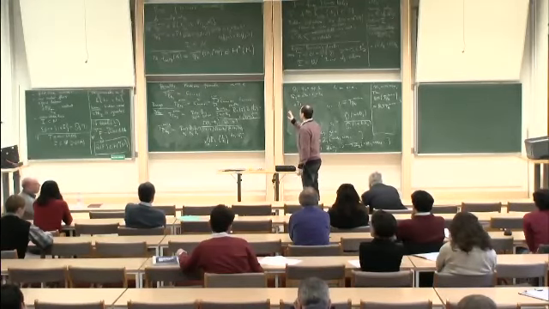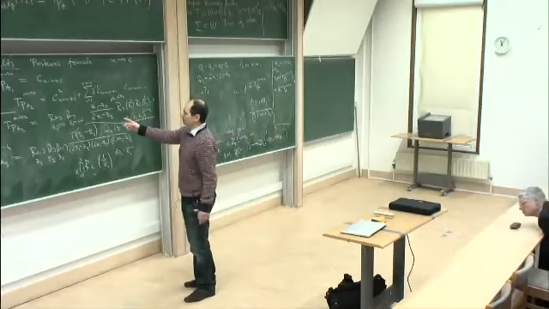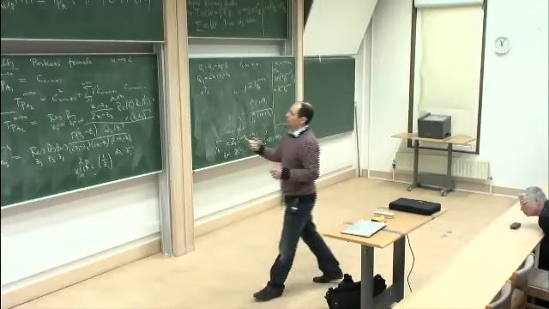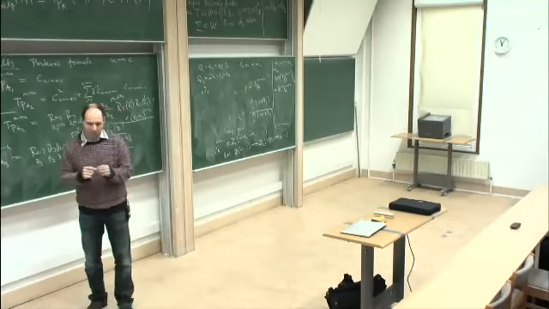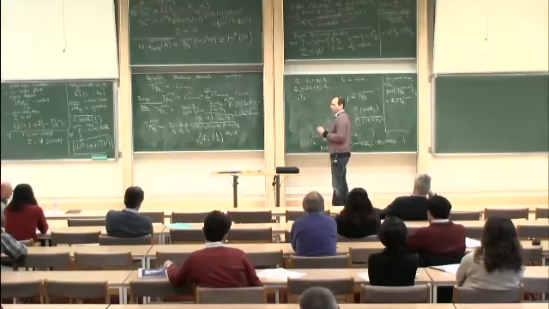So maybe I just want to say one comment on what this is related to. To have an A_d singularity is to have a d-jet of a curve in your manifold.